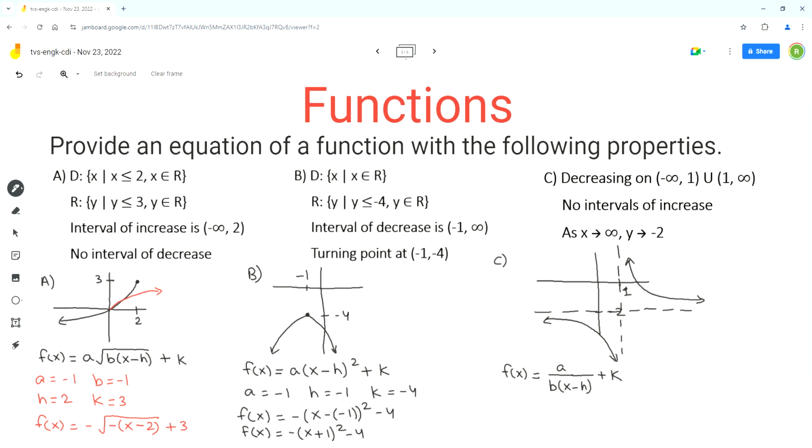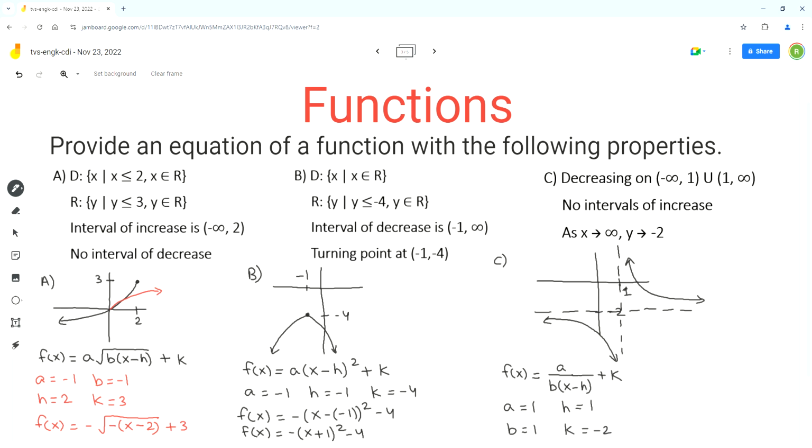Since there is no reflection, a can be equal to 1, b can be equal to 1. There is a horizontal translation, 1 unit to the right, so h is equal to 1. There is a vertical translation, 2 units down, so k is equal to -2.